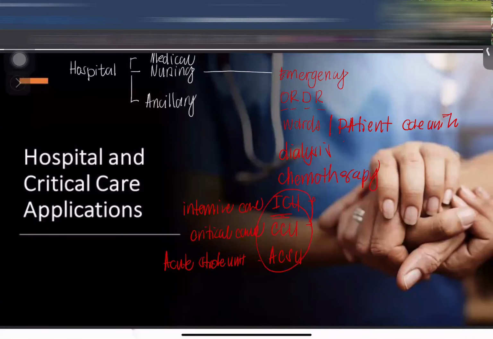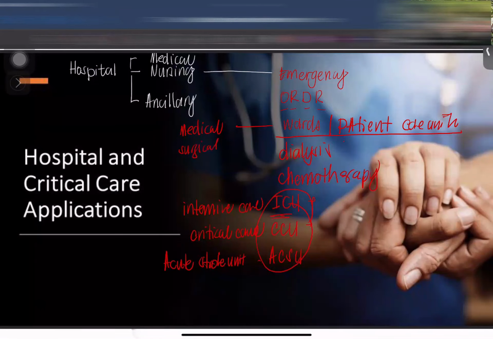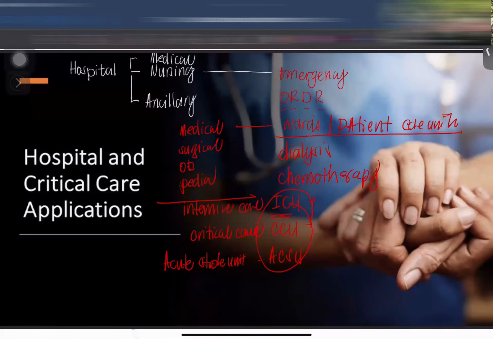When I talk about the wards, depending on how big your hospital is, your wards may be divided into a medical ward, a surgical ward, an OB ward, and a pedia ward. In bigger hospitals, for example, they have a ward for cancer and a ward for infectious diseases.